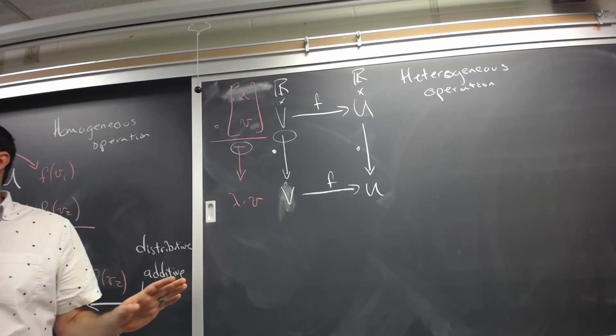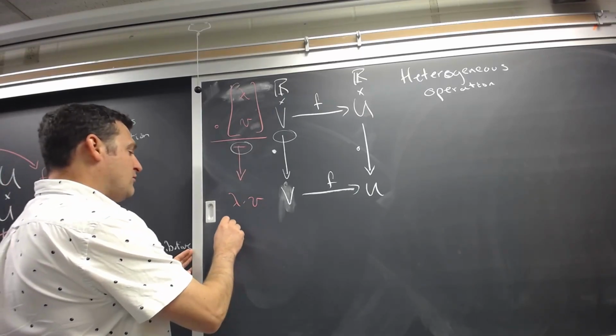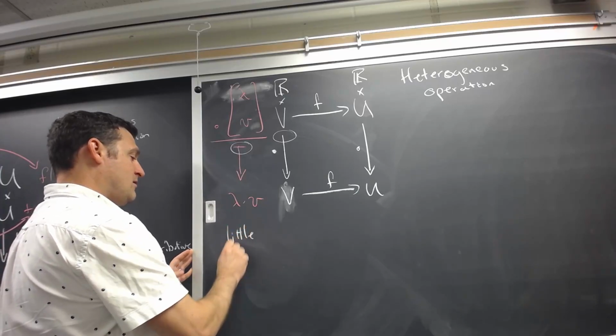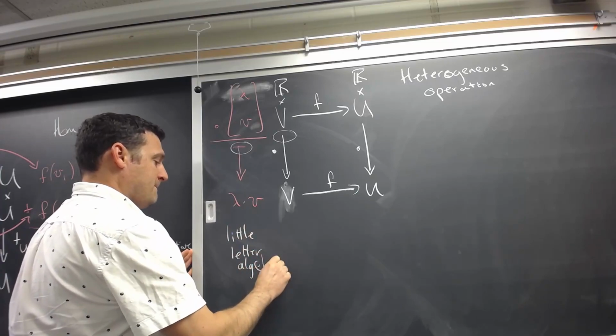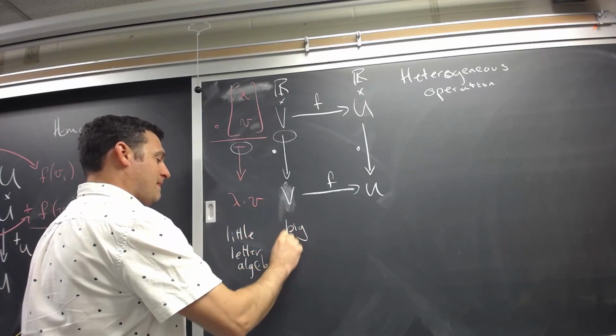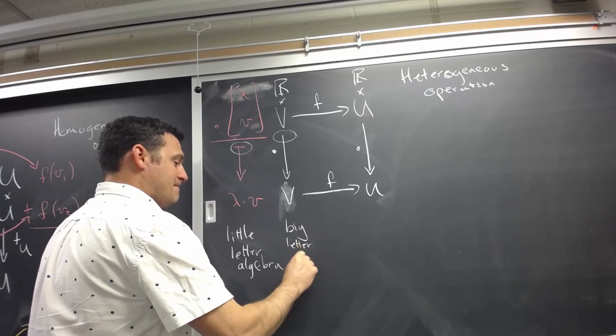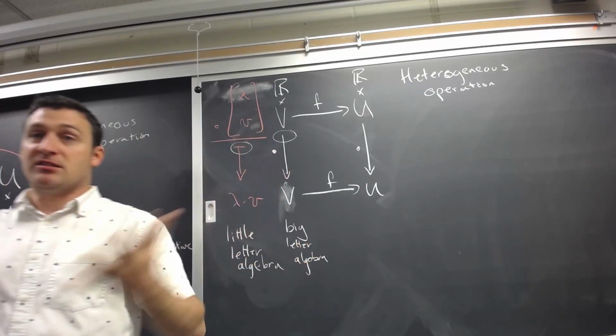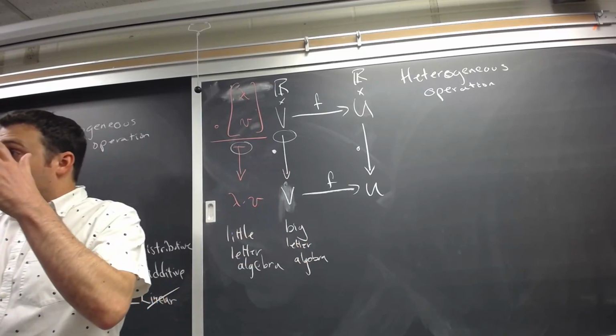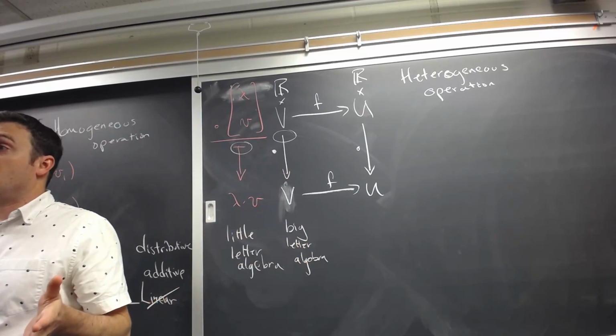Notice that when we do algebra, we have little letter algebra, and then we have big letter algebra. Big letter algebra are the spaces. Little letter algebra are the things inside the spaces.